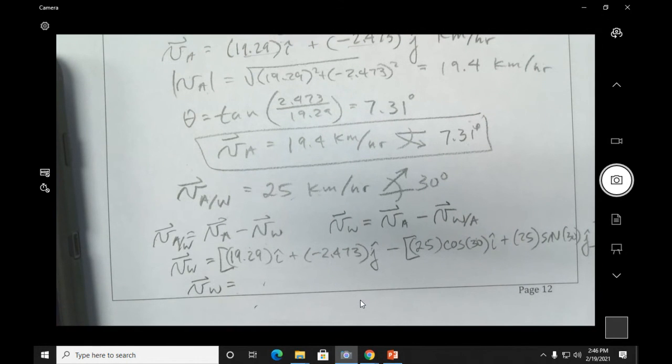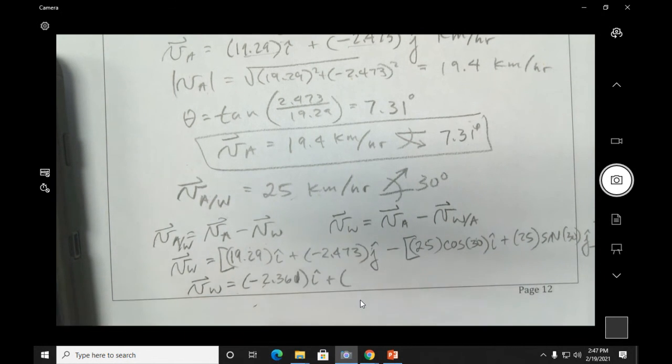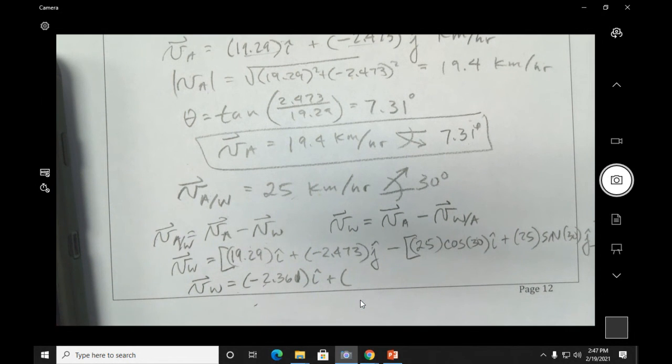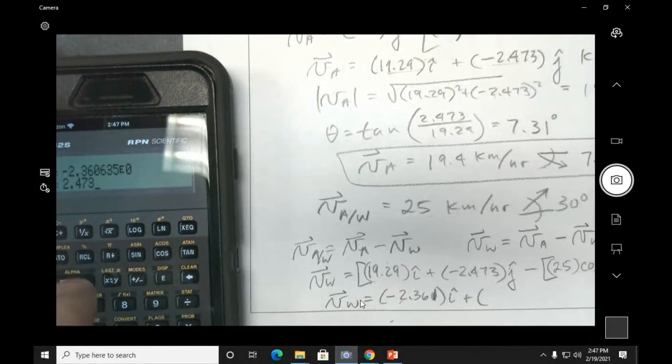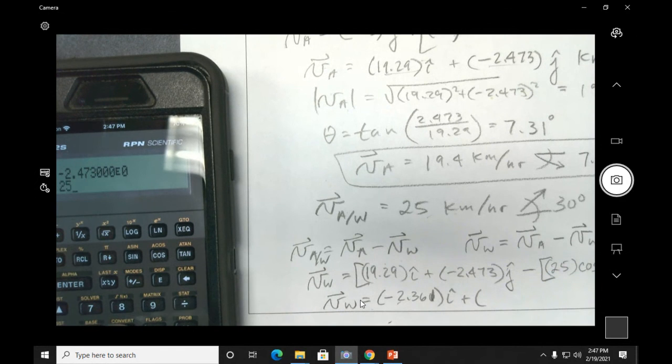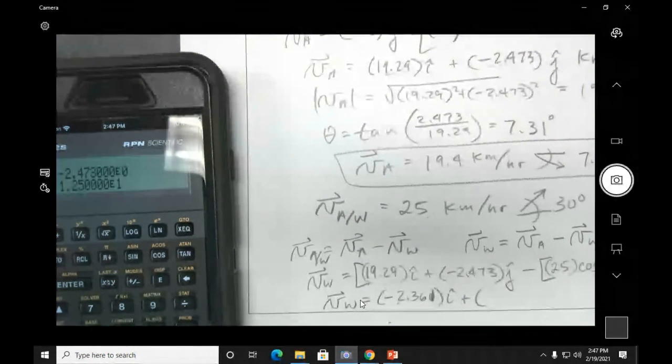So I'm going to take my 19.29 and my 25 cosine of 30, subtract it out, and get negative 2.361 i, plus my negative 2.473, and 25 sine of 30, that's going to be minus, right?